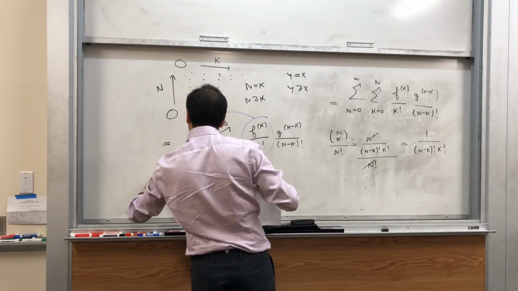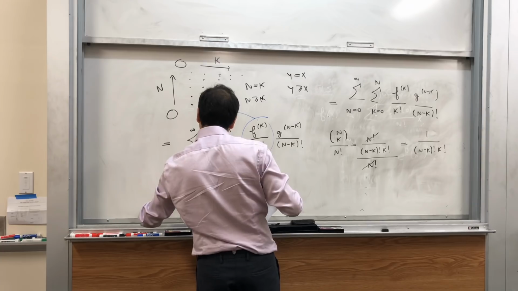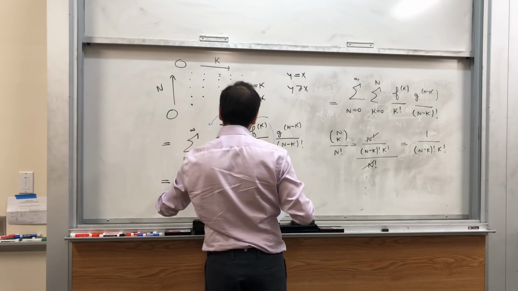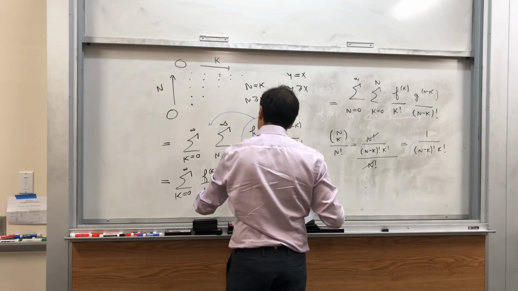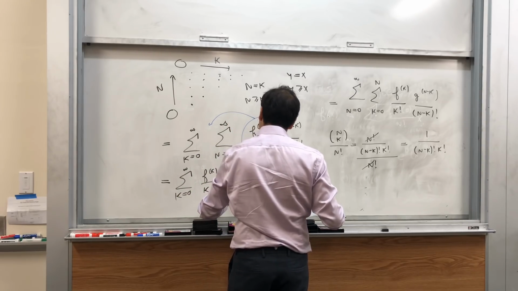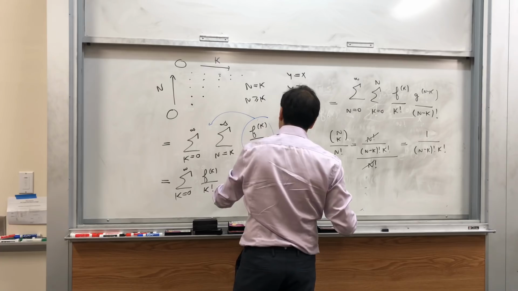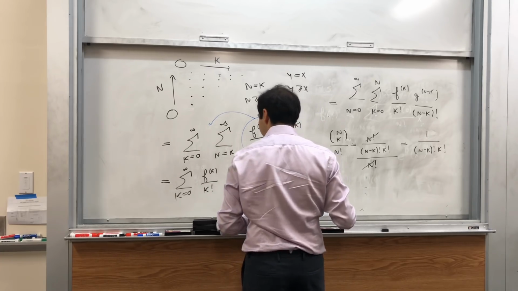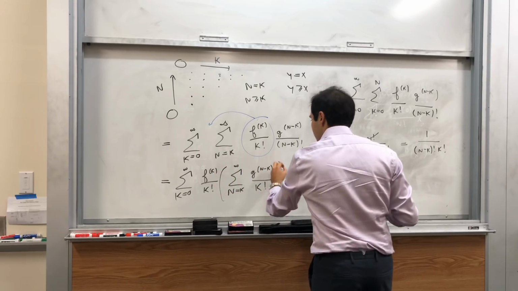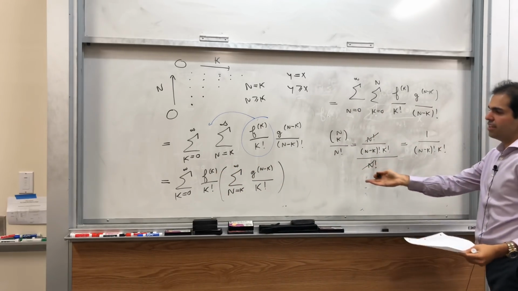And so we have the sum from k from 0 to infinity of f_k over k factorial, times the sum from n equals k to infinity of g_{n-k} over (n-k) factorial. And here's a nice thing.